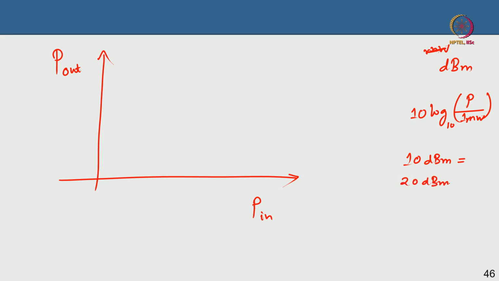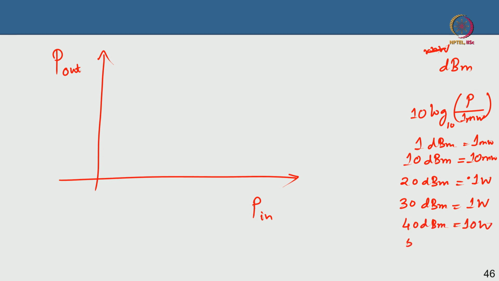This is just easy to remember: 30 dBm is 1 watt, 20 dBm is 0.1 watt or 100 milliwatt, 10 dBm is 10 milliwatt, and 0 dBm is 1 milliwatt. Just remember that 40 dBm, it is a log scale so it goes crazy, is 10 watt, and 50 dBm is very high, it is 100 watt. It's good to remember that.